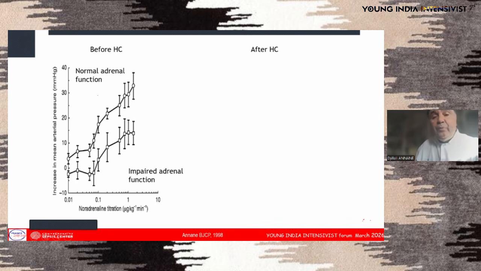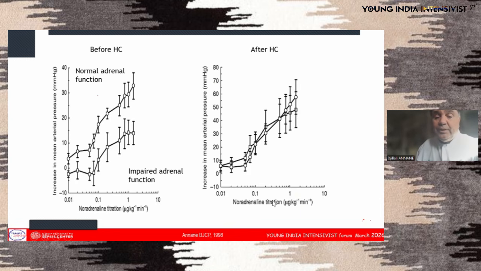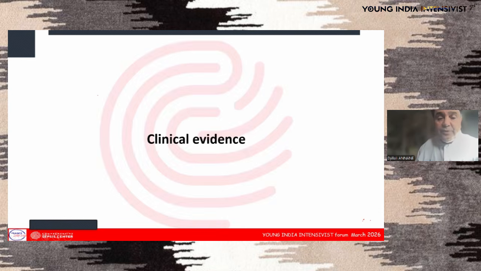When we gave a 50 milligram IV bolus to these patients and repeated the norepinephrine incremental dose-response curve, hydrocortisone fully normalized the pressure response. This is very similar to what is found in preclinical models and in healthy volunteers challenged by endotoxin. So that is a robust pharmacological effect of hydrocortisone in sepsis.